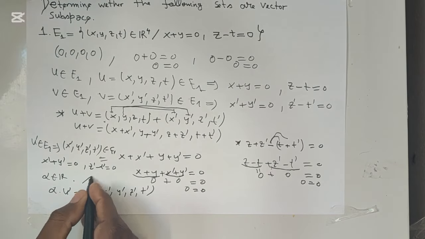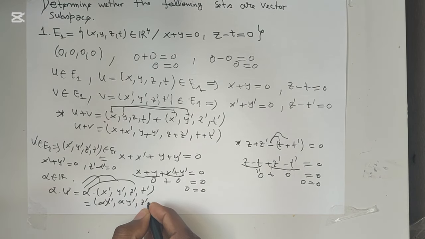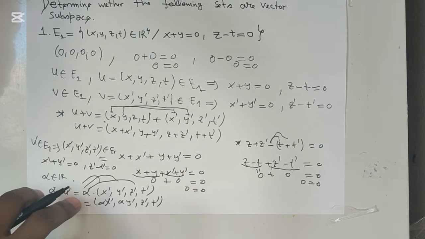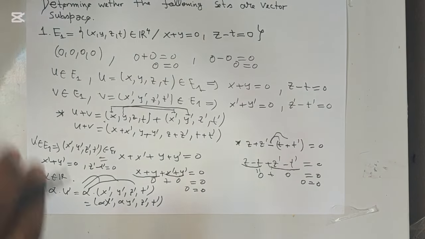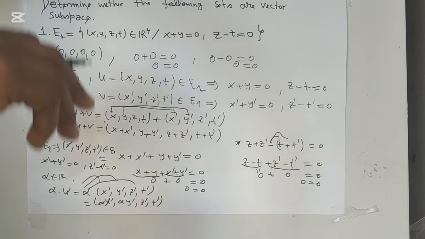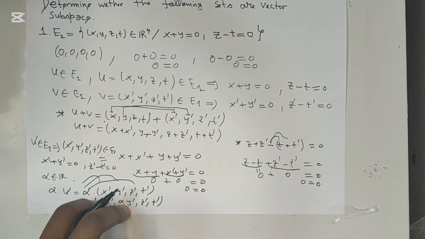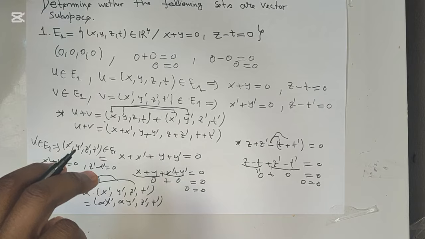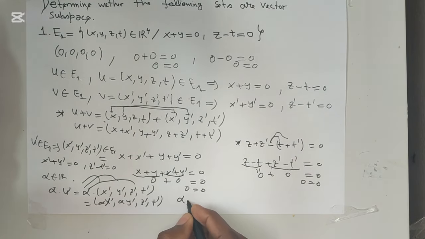Then I'm going to multiply it, and it's going to be equal to alpha x prime, alpha y prime, alpha z prime, alpha t prime. So alpha times u prime has to belong to the set. But to belong to the set, it must follow this property, which says the first two entries, the sum of them, must be equal to 0.